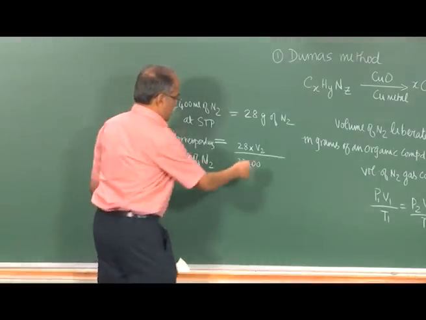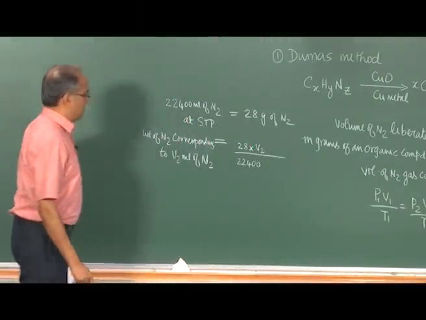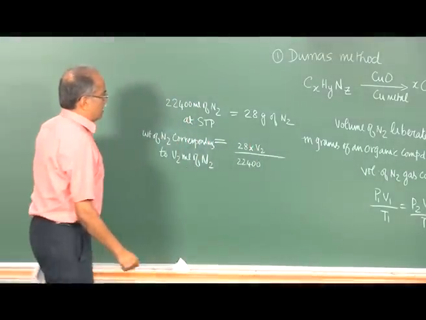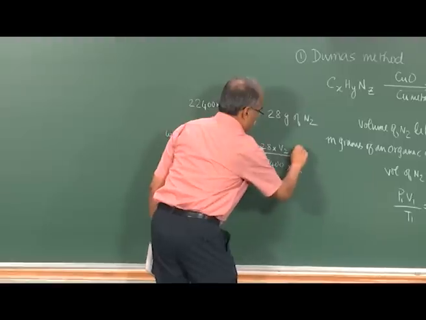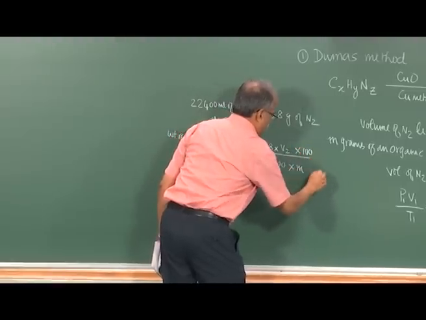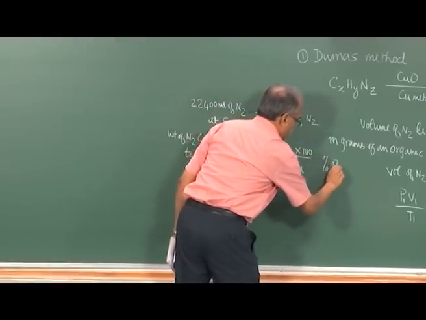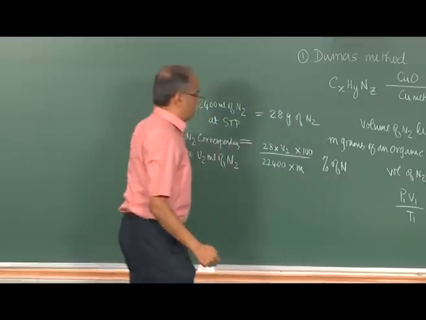That is calculated by this expression here. Now, this is coming from m grams of the compound. So, for 100 grams how much will be, this would be the percentage of nitrogen that is present in the organic compound.